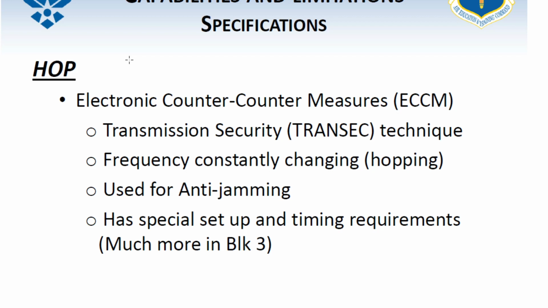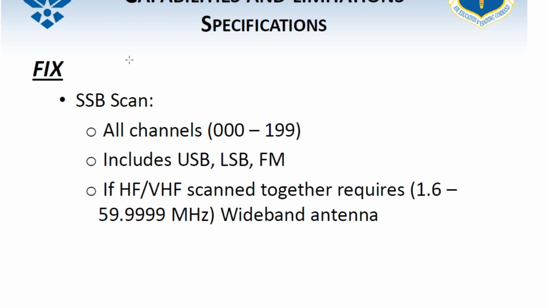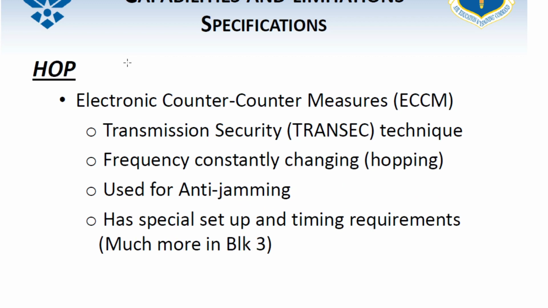Sorry. Go ahead. Can you tell me how you transition into this next part? You just start talking about how ECCM works, what transec is, and the differences, because they're going to get to set this up in block 3. We don't really get to do this in block 2. Okay, so hopping is a form of electronic countermeasures, part of a transmission security technique, also known as transec.